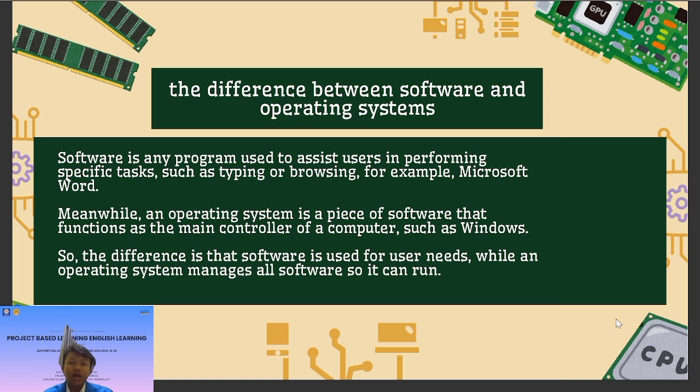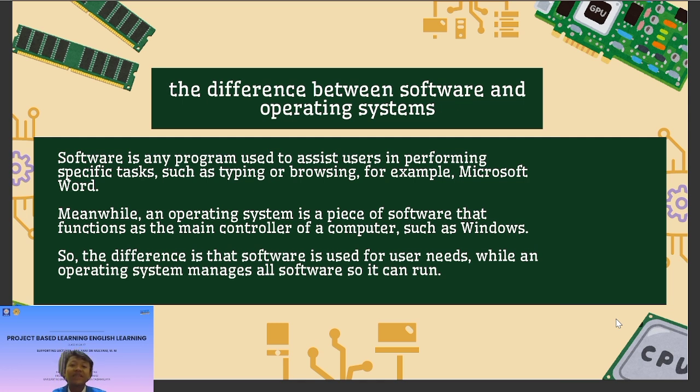Software is a program used to assist users in performing specific tasks such as typing or browsing the internet. The operating system is the software that functions as the main controller of a computer, such as Windows. So, the difference is that software is used for user needs, while the operating system manages all software so it can run.